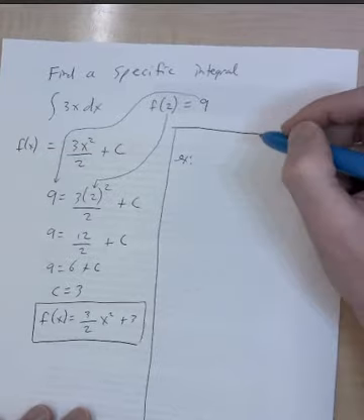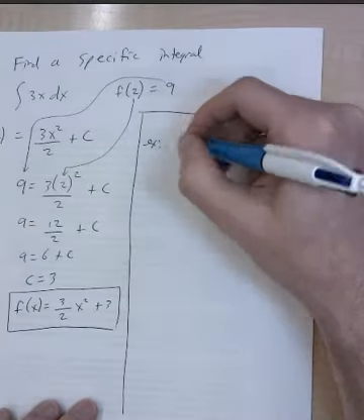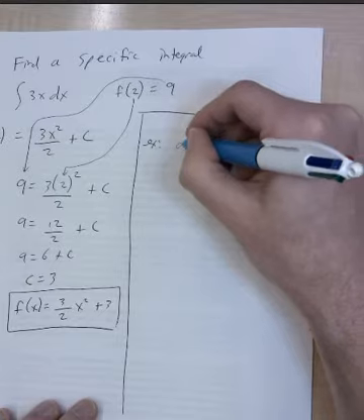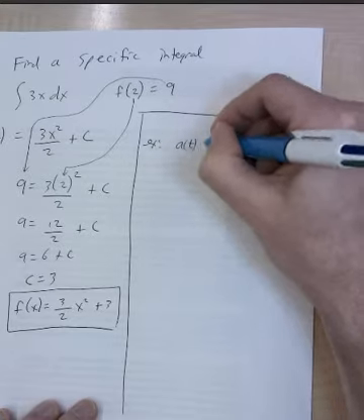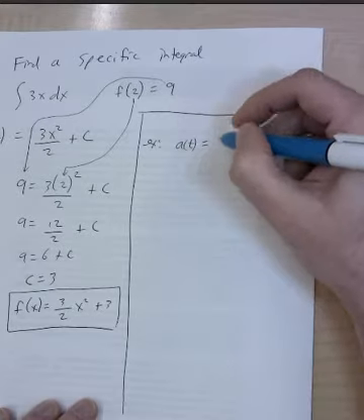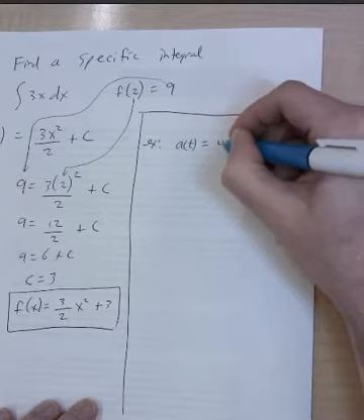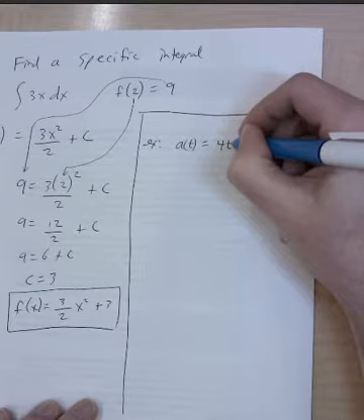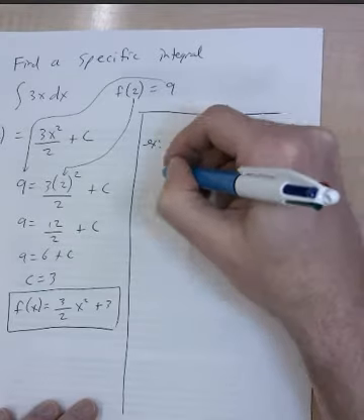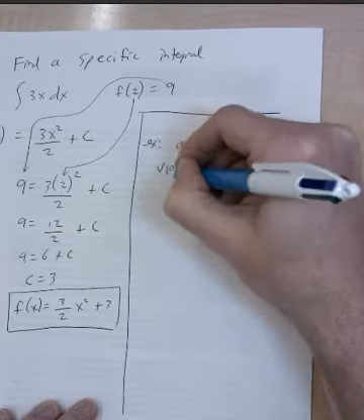All right. So let's say that a of t equals, I don't know, 4t. And we know that v of 0 equals 6.